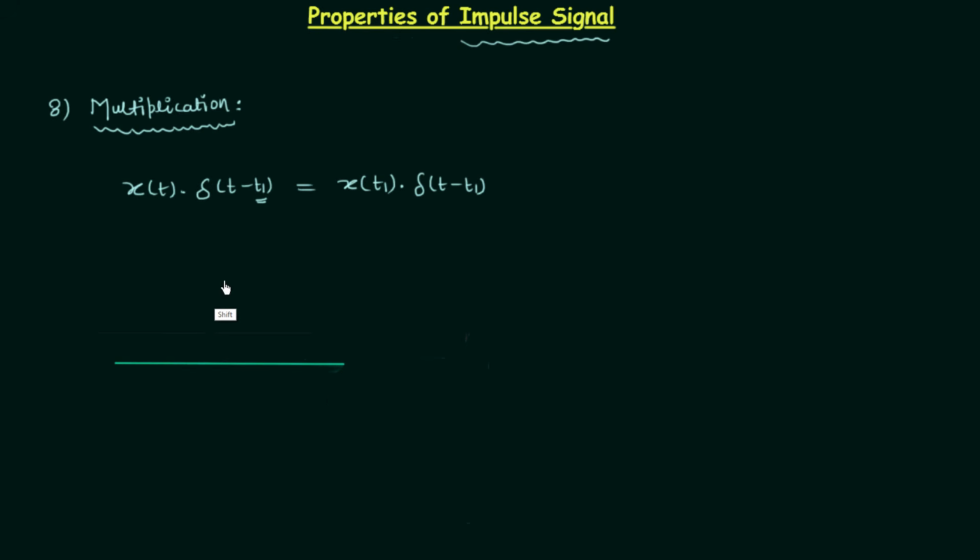For this, I will consider signal x(t) having the waveform like this, and we already know how the waveform of signal delta(t minus t1) will look.